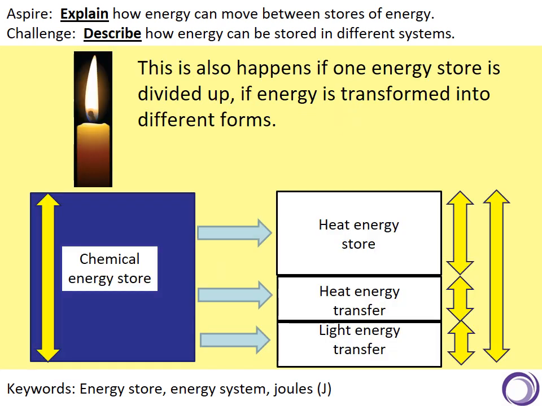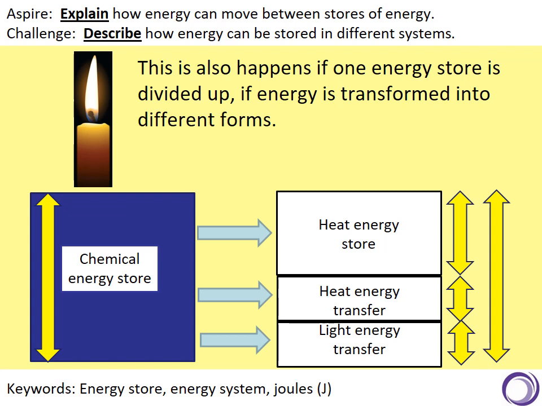So let's have a look at a proper real life example of a candle. So we've got a candle burning, and that candle has got all its energy initially stored in its chemical energy store, because the wax is flammable. So you start off with a full chemical energy store, and then that chemical energy store is transferred to the heat energy store because the candle's hot.